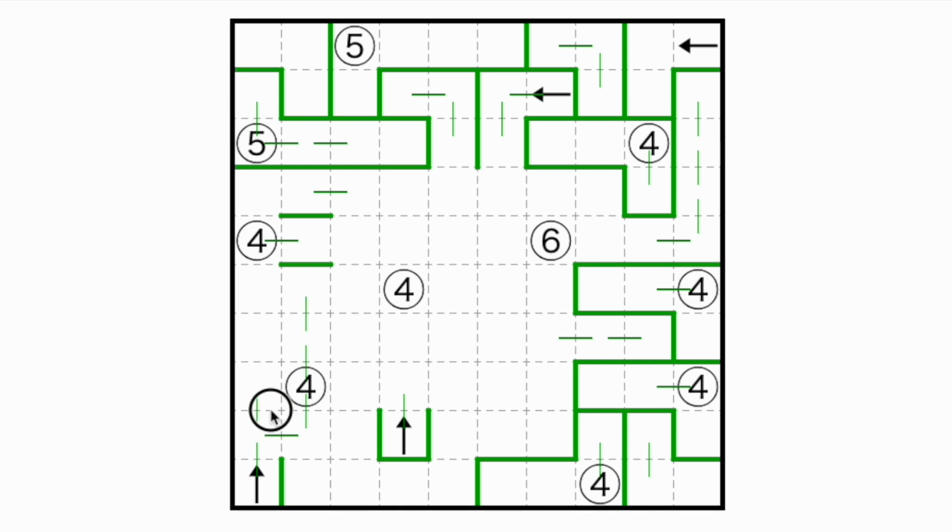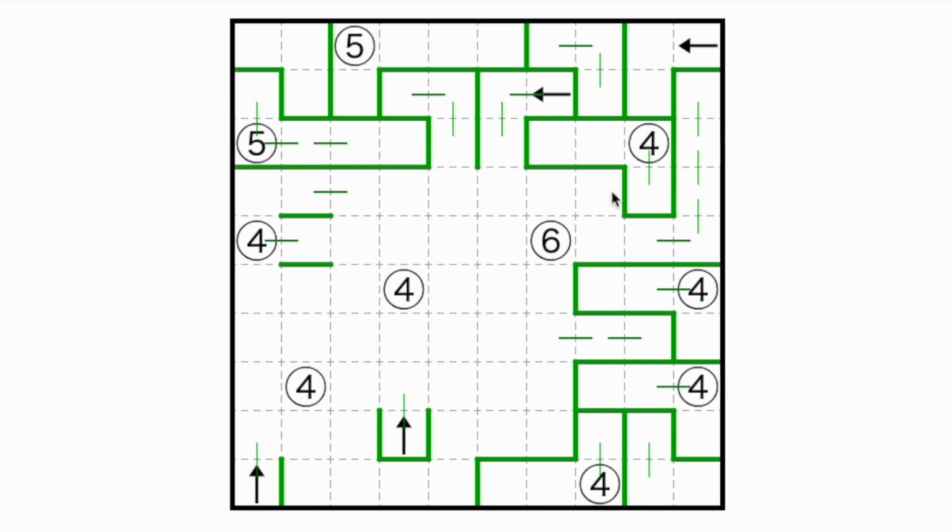So either we've got this shape going like that, or we've got this shape. How do we distinguish between these possibilities is the question. There's got to be another place in the grid that I'm not looking at carefully enough.